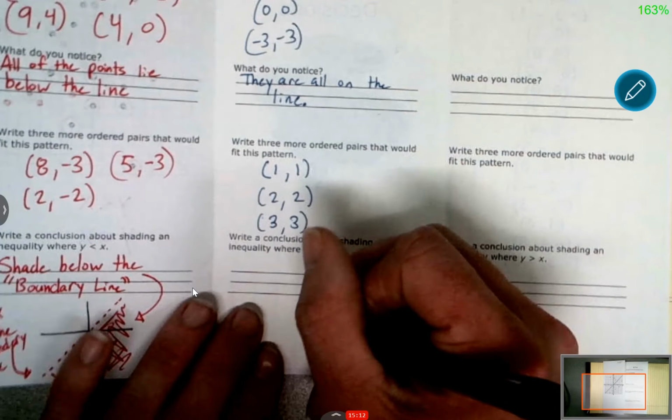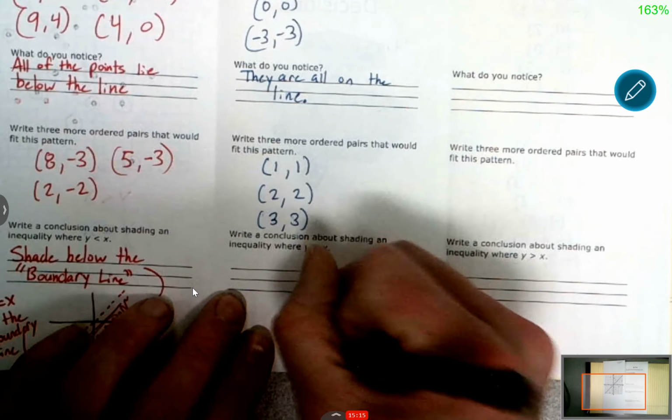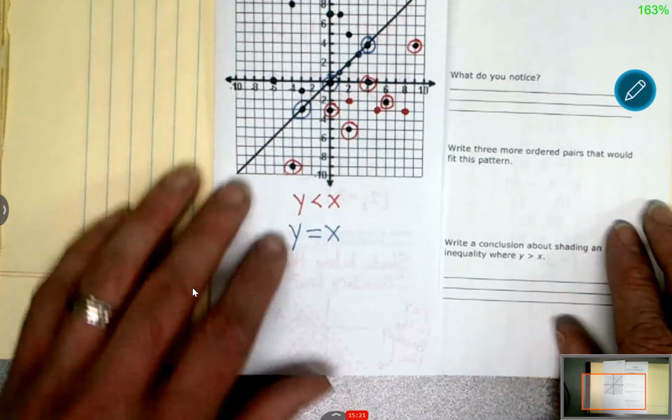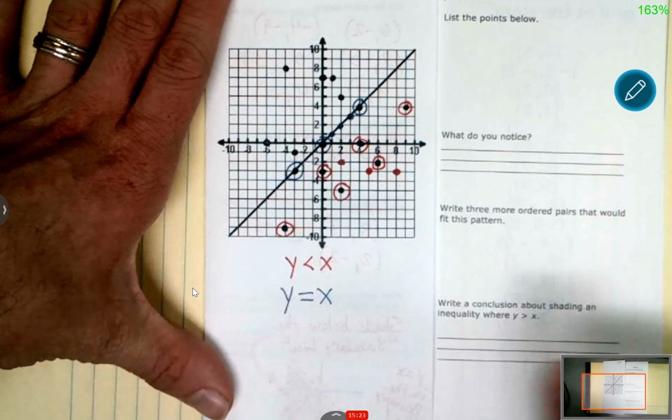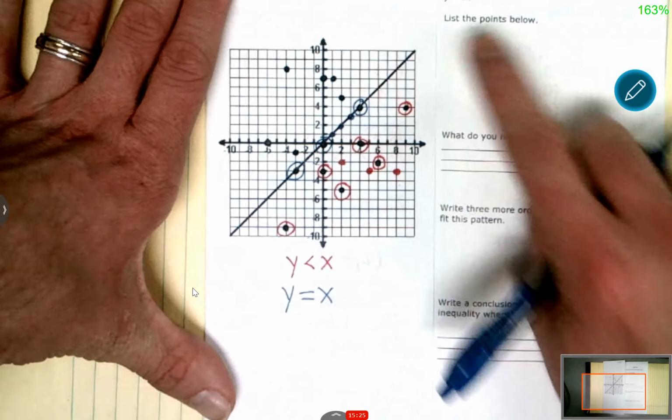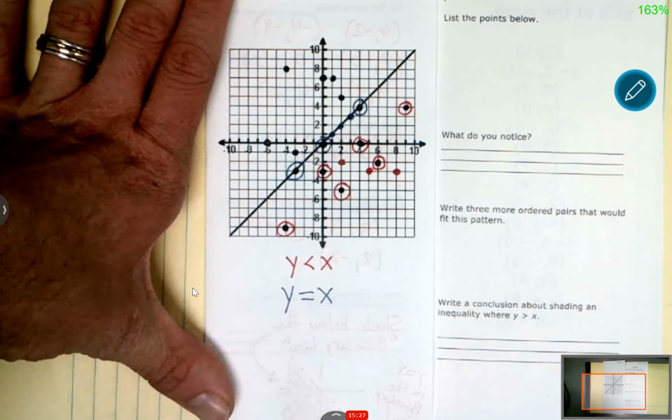And this time, if we were to graph that, what conclusion would you draw about shading this? If all my points are on the line, where would I shade? Nowhere. You wouldn't shade.